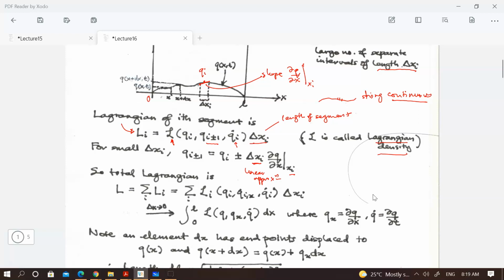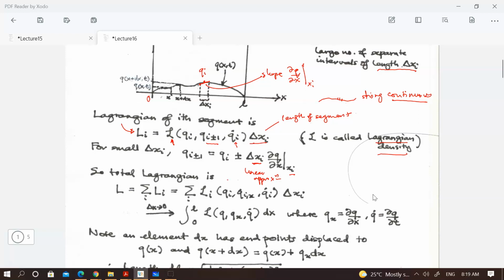But one thing that we have done in terms of approximation here is that qi plus or minus 1 will now be given by this deviation from your qi.